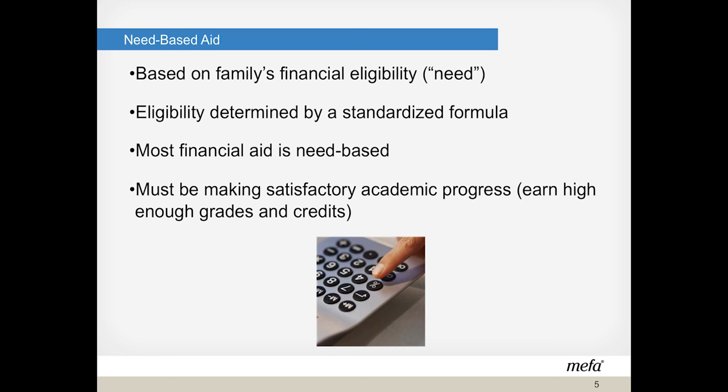So every year, a student will be evaluated to see if the student is eligible to receive this need-based aid based on the family's finances. But the student must also be making this satisfactory academic progress. And that basically means the student needs to be earning high enough grades and needs to earn a certain number of credits at college every semester to keep receiving this need-based aid.